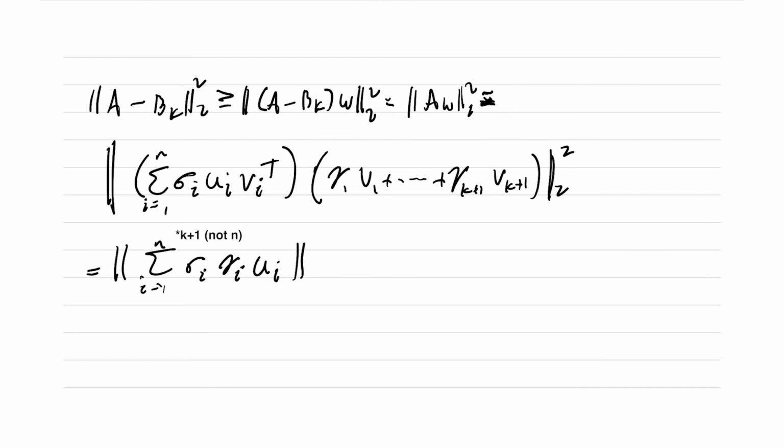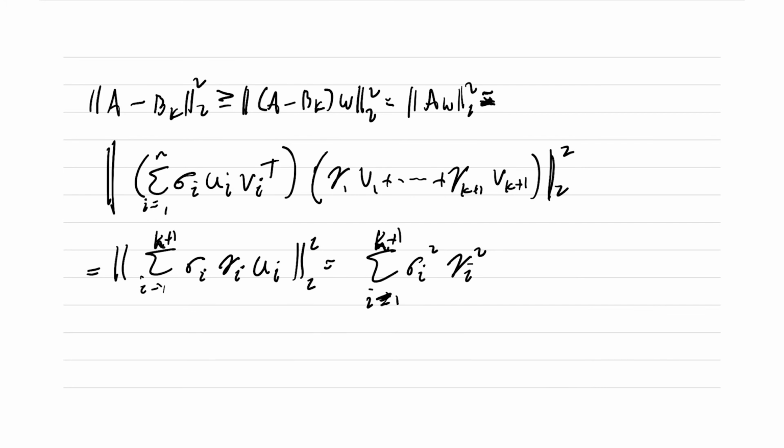And then what is known with this? Well, the u_i's are also an orthonormal basis, so that basically means that this has to be equal to the sum of sigma_i squared times gamma_i squared. And actually, it shouldn't even be up to n. We can stop at k plus 1, because otherwise everything's 0.